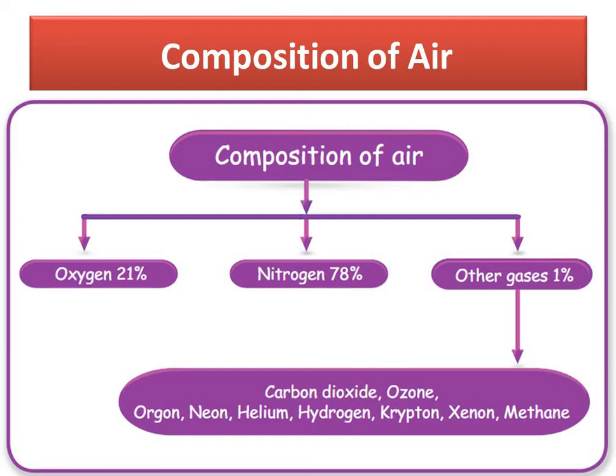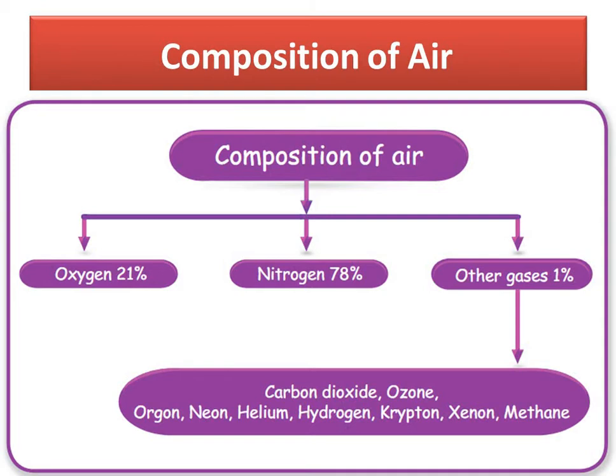We have to be bothered about only carbon dioxide and ozone. Okay, carbon dioxide is the air that we breathe out. Ozone is useful and at times not so useful. That we will see later in the chapter. Okay, children?